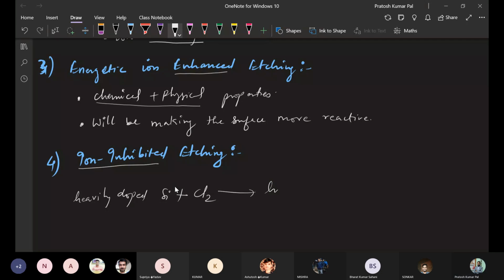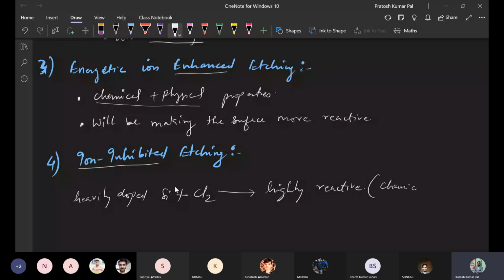Okay, so if highly doped silicon is going to come in contact with chlorine, it will be of highly reactive nature. So it will be like a chemical reaction. But to reduce this chemical type of reaction, we will be using an inhibiting agent. This inhibiting agent is C2F6.